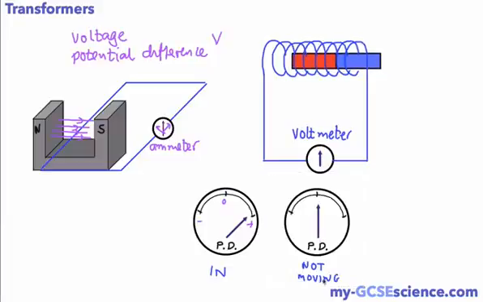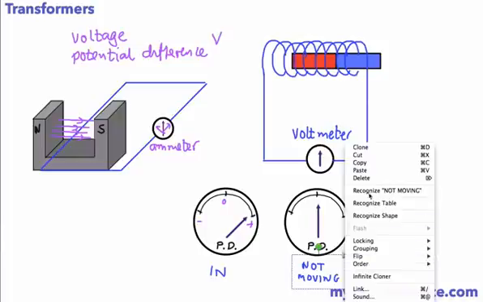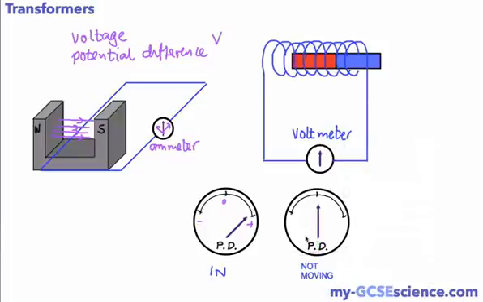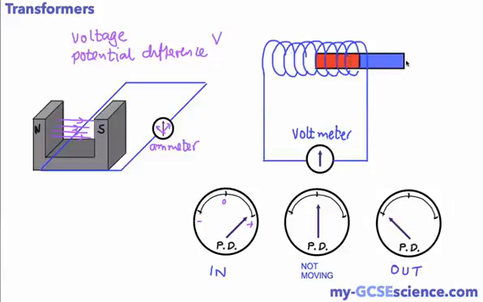If the magnet is not moving, we have no potential difference, and you guessed it, if the magnet is moving out, the potential difference is recorded in the opposite direction. So moving this magnet in and out of the coil can cause a potential difference to be induced across the wire. And this is the basic idea behind the working of a transformer.